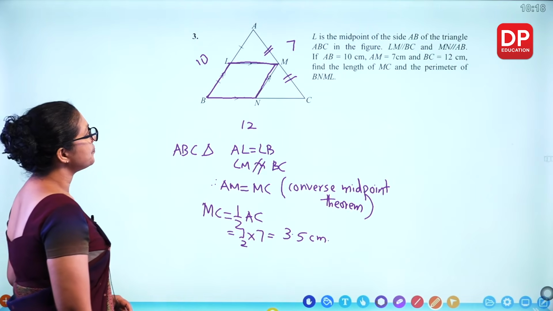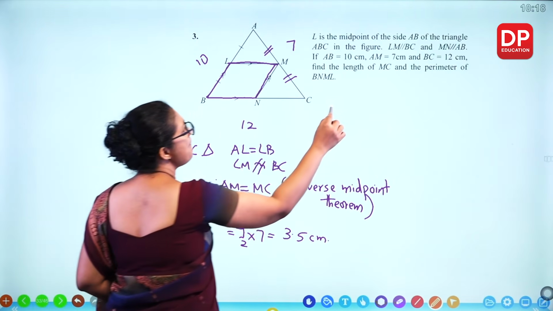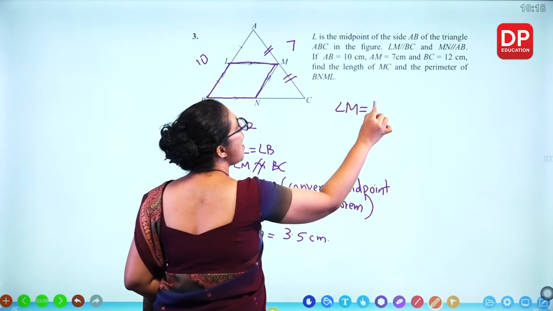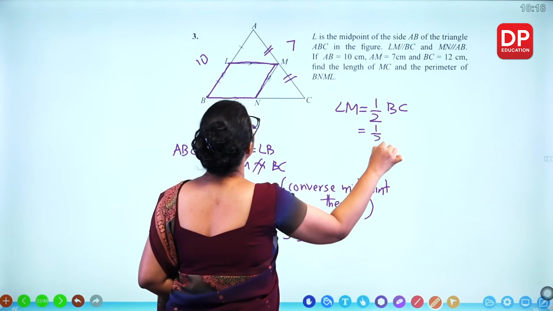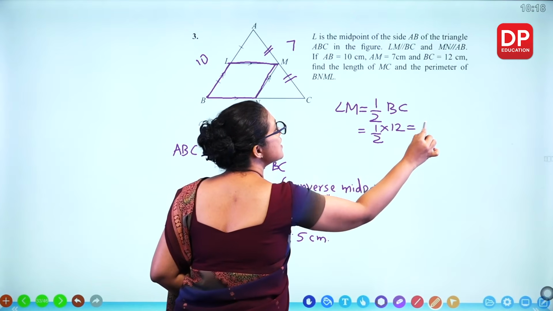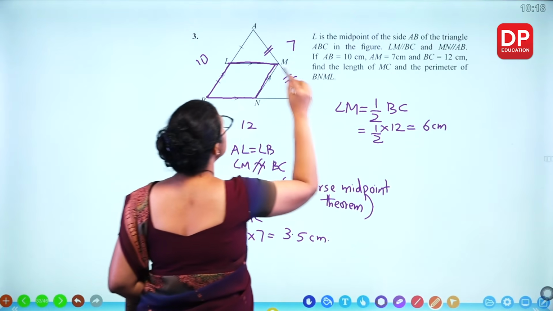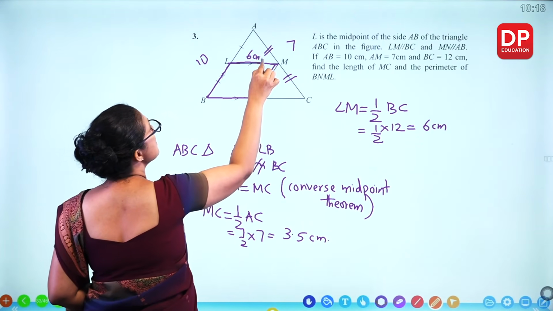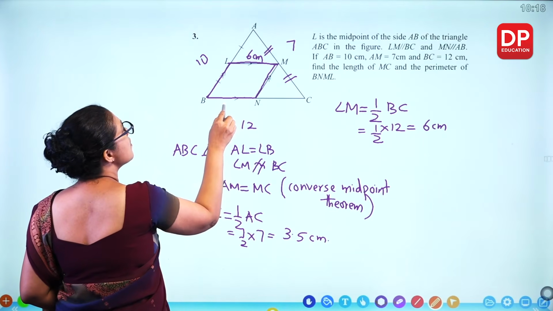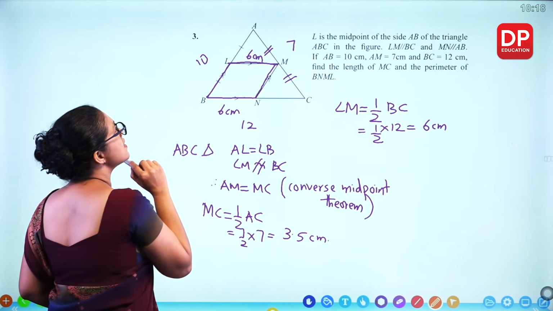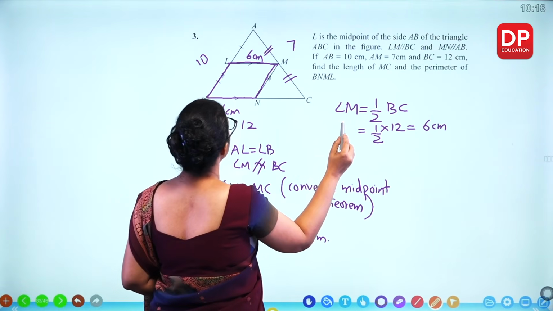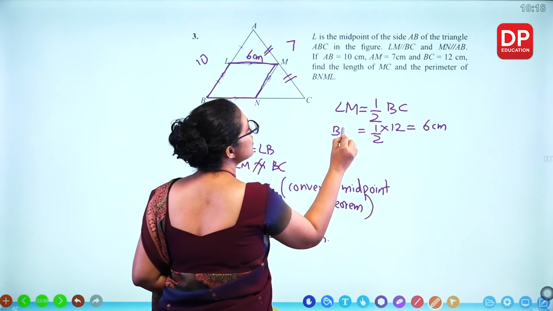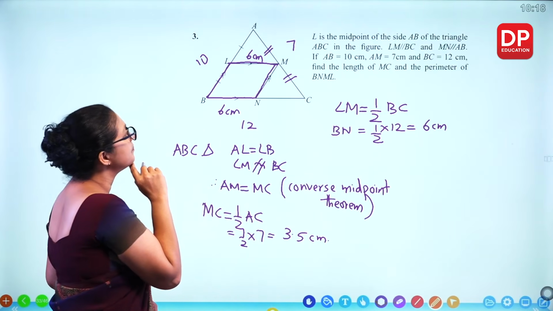We know LM is half of BC. Half of BC is 12, so that's 6 centimeters. So this is 6 centimeters. Opposite sides are equal, so this is also 6 centimeters. So I can write BN also 6 centimeters.